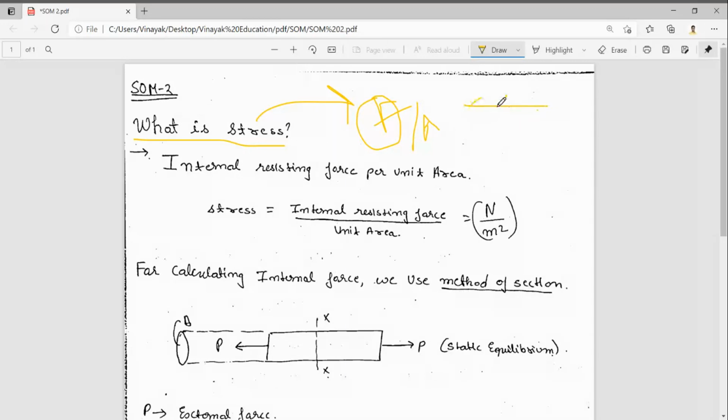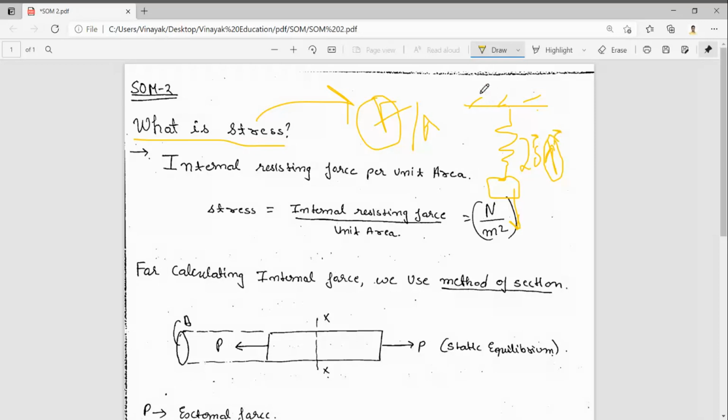See, assume this is a spring. First, when we apply load here, the deformation will be there. Due to that deformation in the spring, the spring force will generate. Whatever force is generated due to this deformation is the resisting force, and due to this only the stress is created.